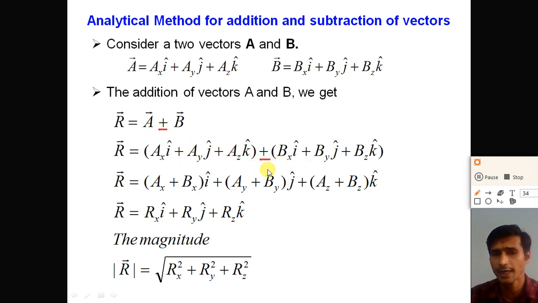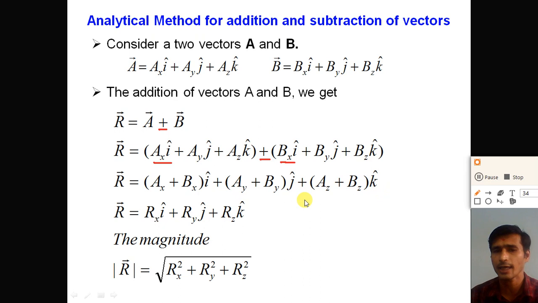So how do we add these 2 vectors? Vector addition is quite different. Here the vector is added in the form of the components. So first add the components in the direction of x, axi plus bxi. So we get (ax plus bx) into i, plus (ay plus by) into j, and (az plus bz) into k. So here the vector is added in the form of the components.